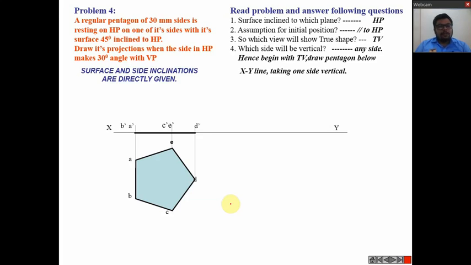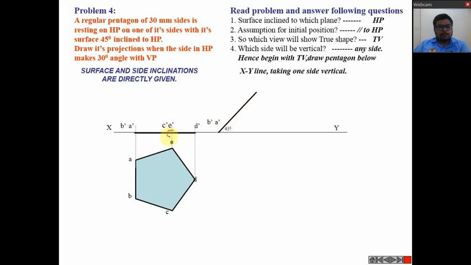Now the angle is given with respect to HP and VP. First of all we will give a 45-degree angle with respect to HP to this front view. So this point will be A dash B dash, and after marking that point, take the angle 45 degrees and draw this line which will be equal to this one.